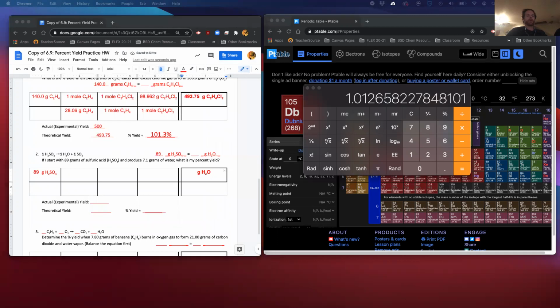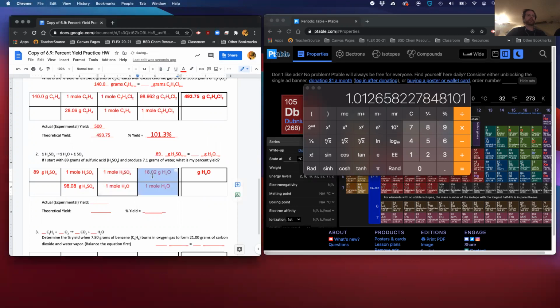So first thing is my little side hustle right here to get this into moles of H2SO4. Then this is another one where the balanced equation is pretty nice. So it's just a 1-to-1 ratio, which is kind of cool. And then I have to go from moles of water into grams of water, and I go like this. And then I multiply 89 times 1 times 1 times 18.02, divide it by 98.08, and I get 16.4 grams.